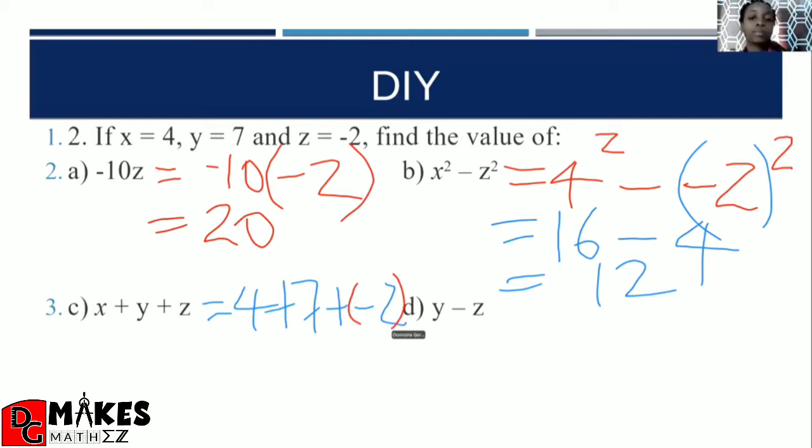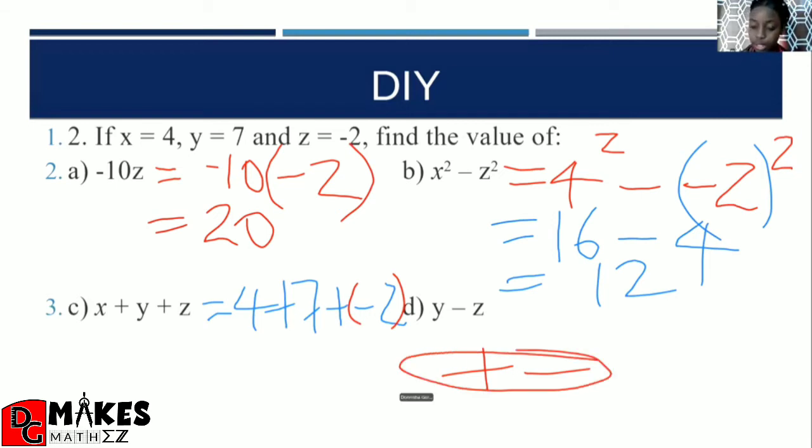And we know that when two signs are directly beside each other, like this, whether you put the brackets or not, we can change them into one sign. And so when the signs are different, they're going to turn into a negative. If the signs are the same, two of them can be combined to give you a positive.